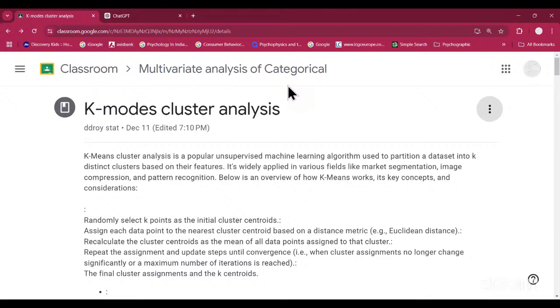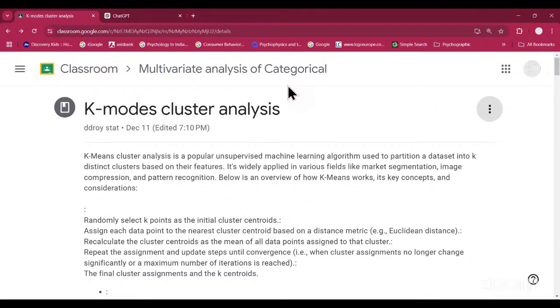But we can group them in one cluster, that both apple and Rasgulla are food items.